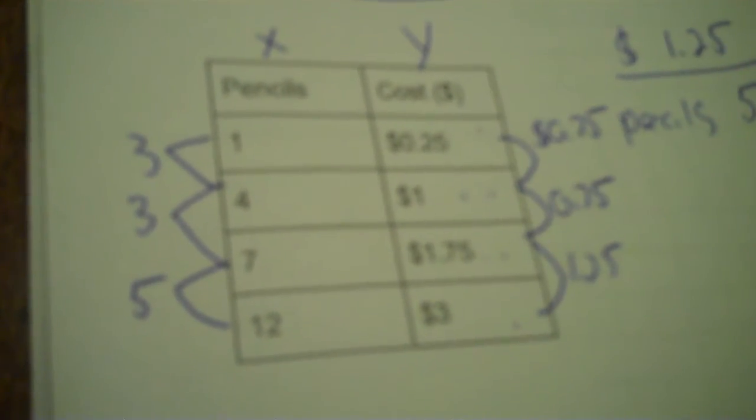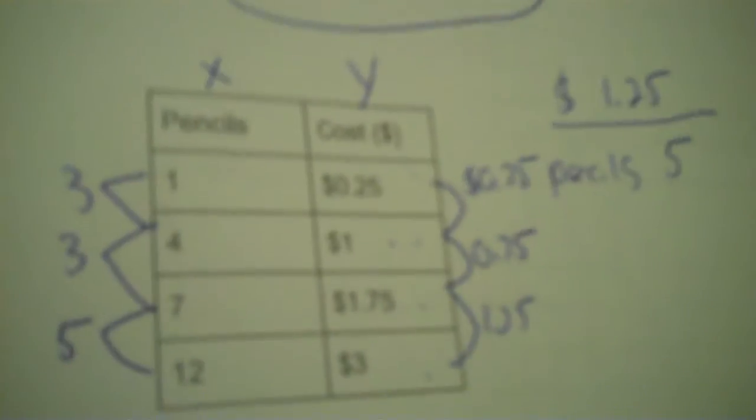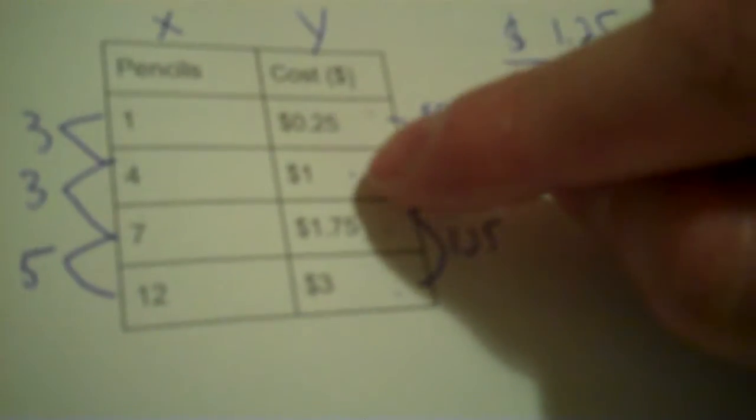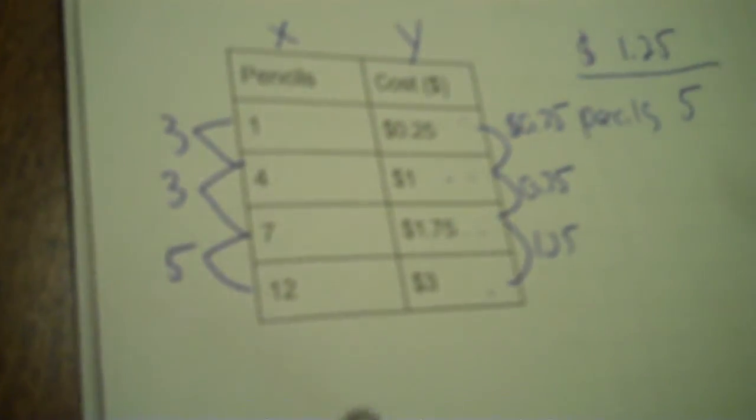Now, actually, it makes more sense if you read the table forward. I'll divide here in a bit. Don't rush here, okay? So, again, it makes more sense if you read the table forward. So, from here to here, it increased by 75 cents, and the pencils increased by 3. Increased by 75 cents, pencils increased by 3. Increased by $1.25, pencils increased by 5. So what we need to do is divide these, okay?